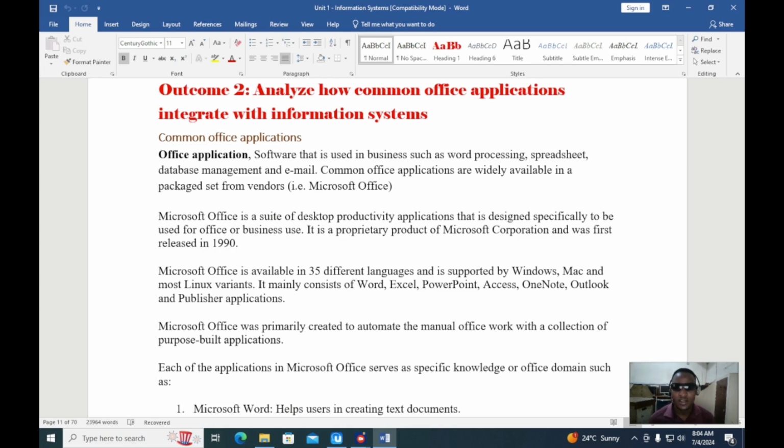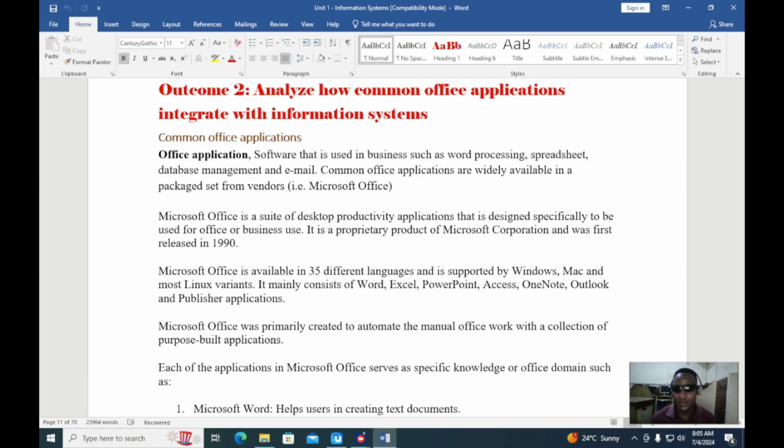Common office applications are available in a wide range, in the form of packages, or a packed set, from companies that sell these applications. We call those companies vendors.